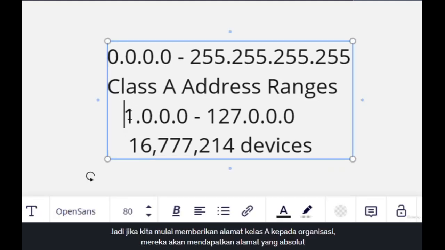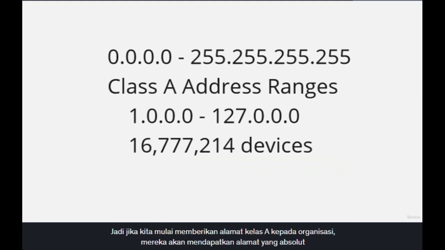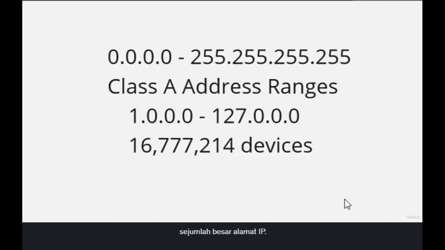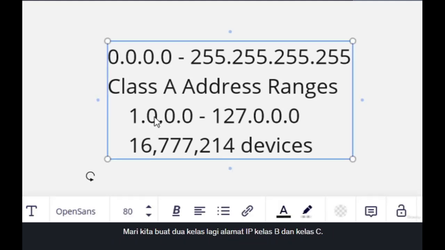And so if we start giving out class A addresses to organizations, they are going to get an absolutely massive amount of IP addresses. So they said, well, we don't want to necessarily give out that many addresses to everybody. Let's create 2 more classes of IP addresses, Class B and Class C.